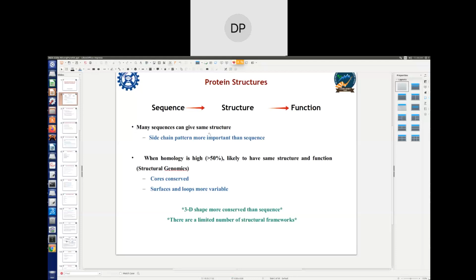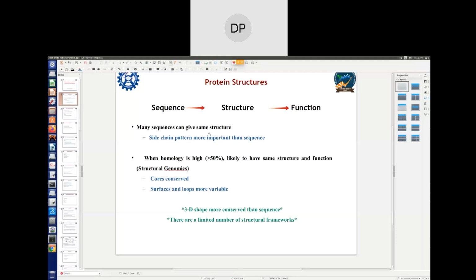But if you go for the structure, if you are modeling the structure of a particular protein, then the structure is very specific because it directly connects toward the function of that protein, and the orientation of each amino acid in three-dimensional space is the structure of that particular protein.